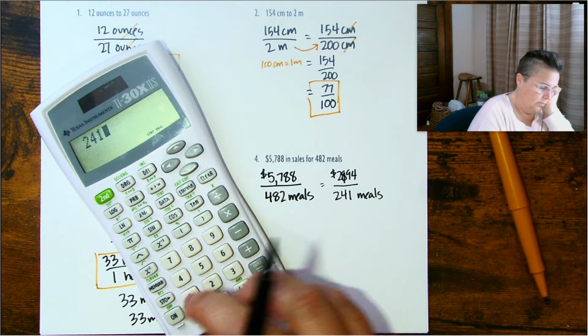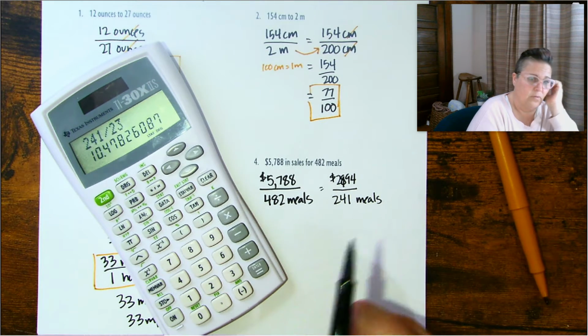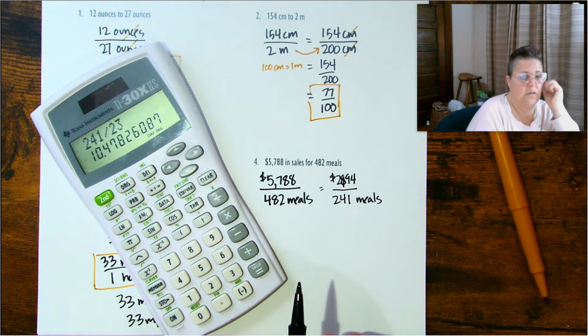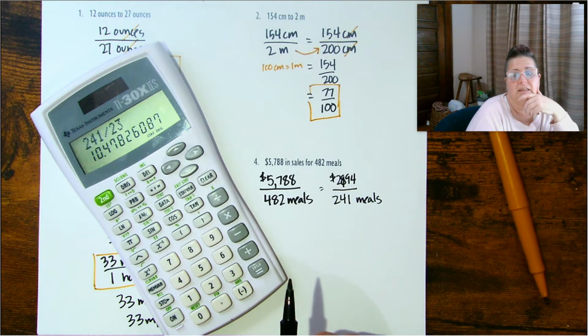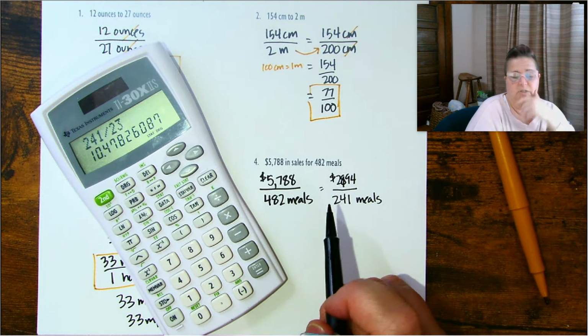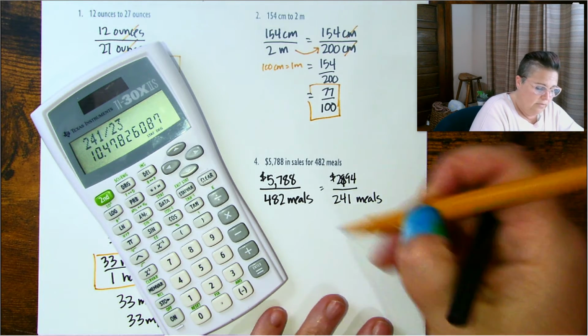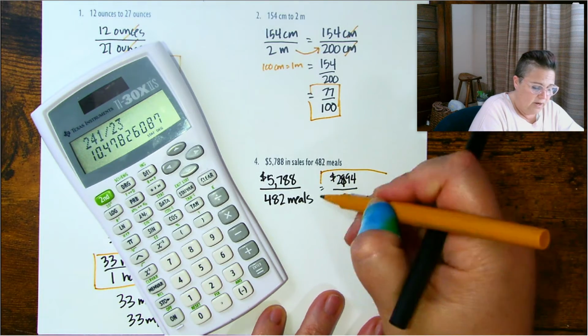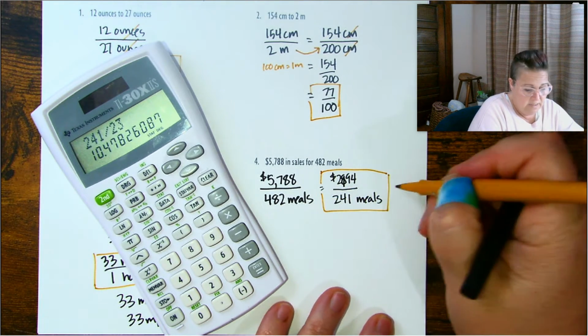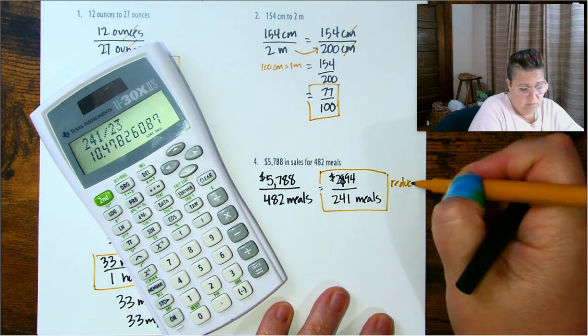I don't think 23 is going to work. That's too close. Okay. I think that's prime. So I think that's as much as we can do. So as we're looking at this, this is as far as we can do to reduce it. This is reduced as far as it will go.